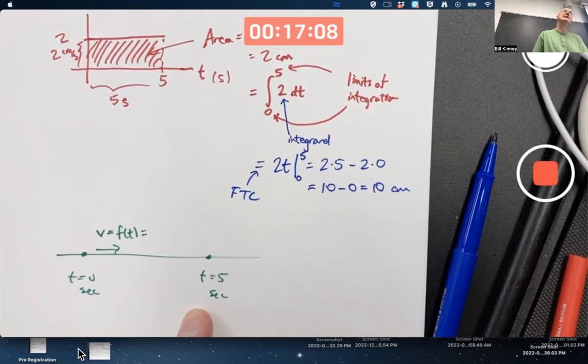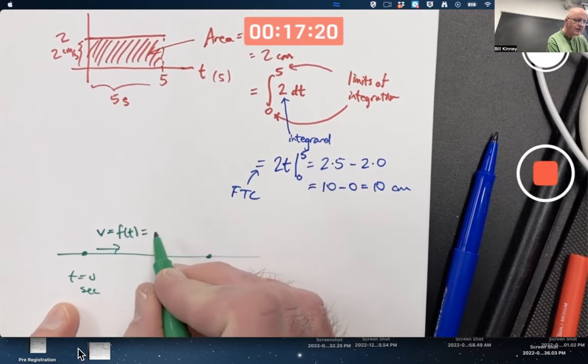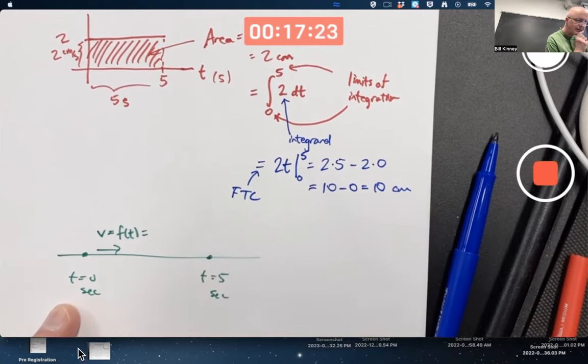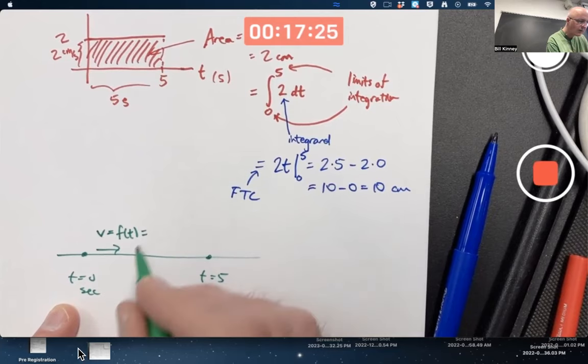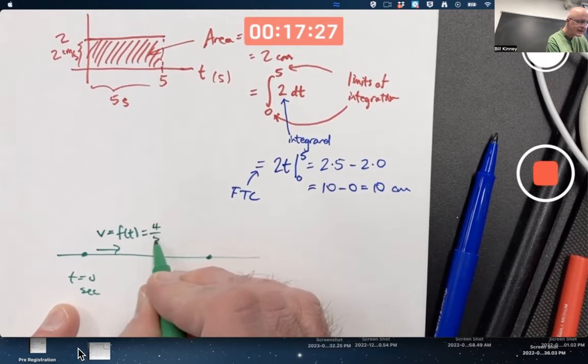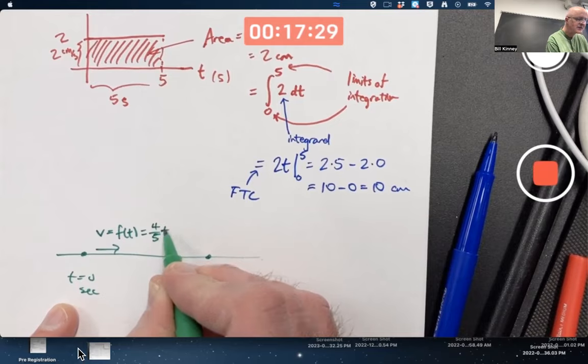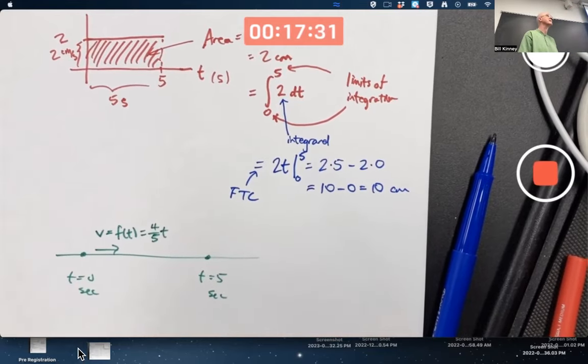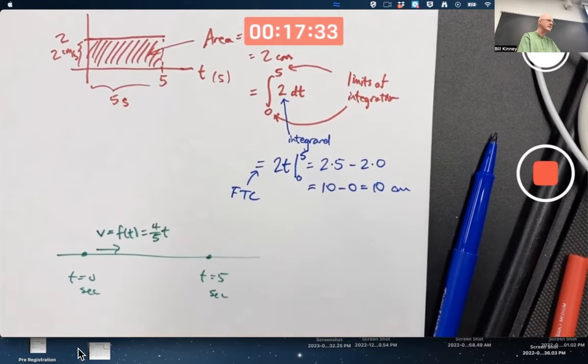A little tricky. I think I need it to be, what, maybe 2/5 t? That'd be right. Or 4/5 t, maybe. I think it's 4/5 t. Gotta think about that for a second. Yeah, that'll work. I'm purposely picking an example that's still going to make the total distance traveled 10 centimeters. I could have done something different.